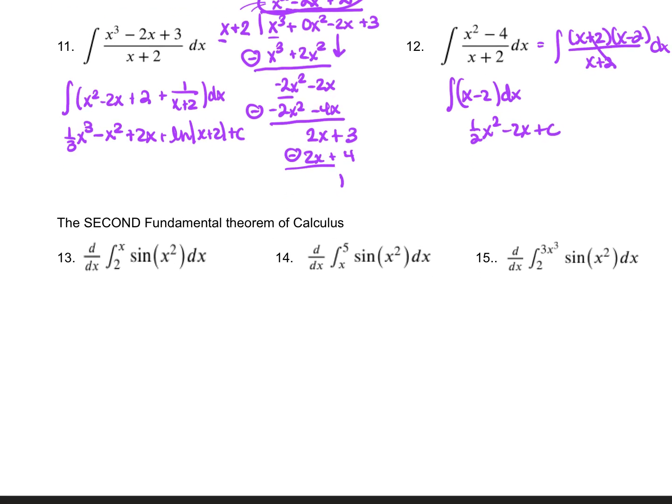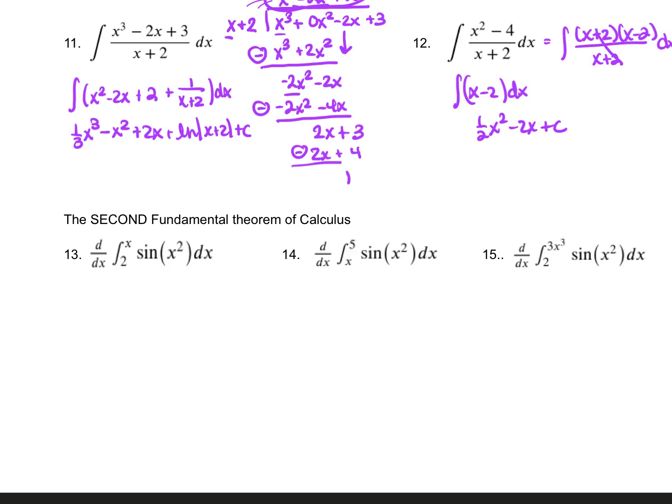The last little thing we're going to review from Calc 1 is the second fundamental theorem of calculus, which means the derivative of the integral, and they cancel. But we've got to be careful, because if we're doing the derivative of an integral, if this is not just x right here, then you have to plug it into f, that whole function, and then multiply by the derivative of it.